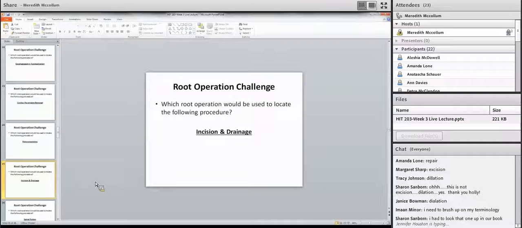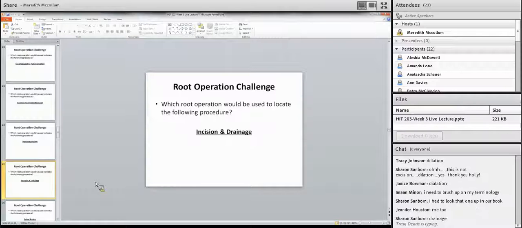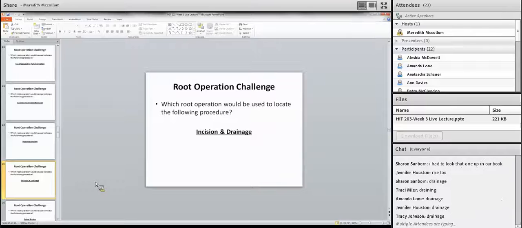Incision and drainage. That one's an easy one. Yep, there you go. That one was easy. Okay, spinal fusion. Another easy one. Yeah. Okay.